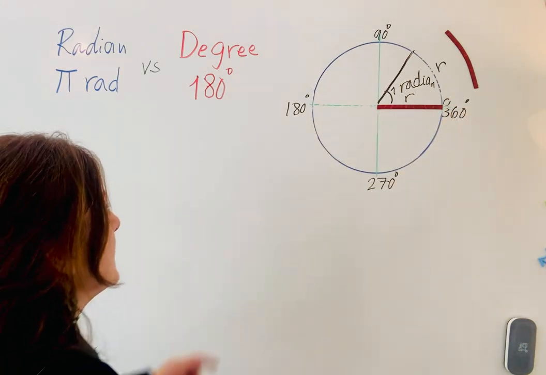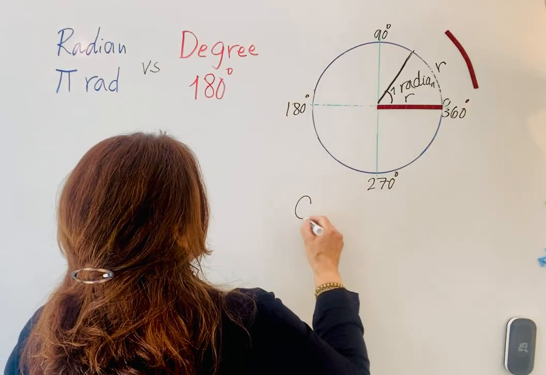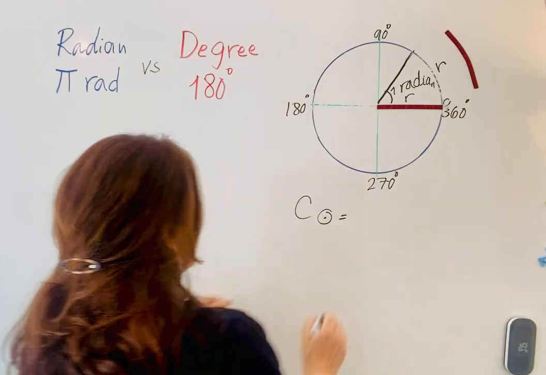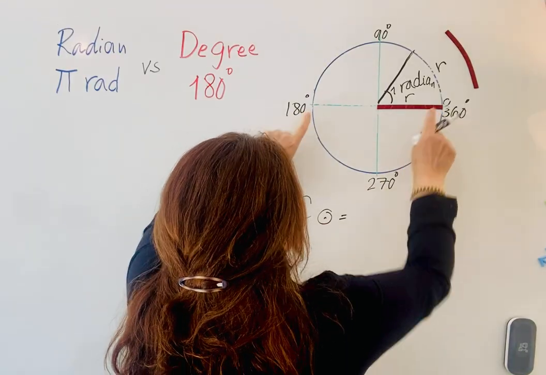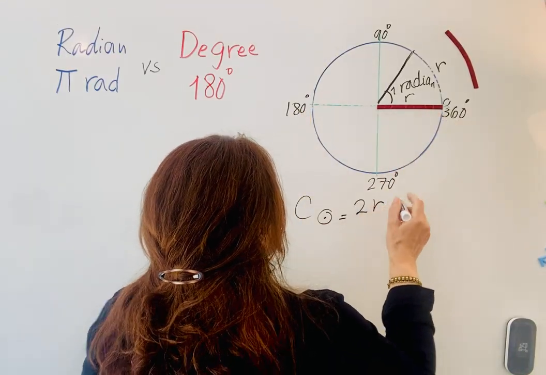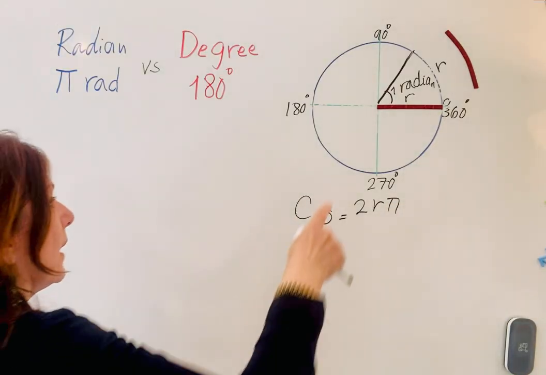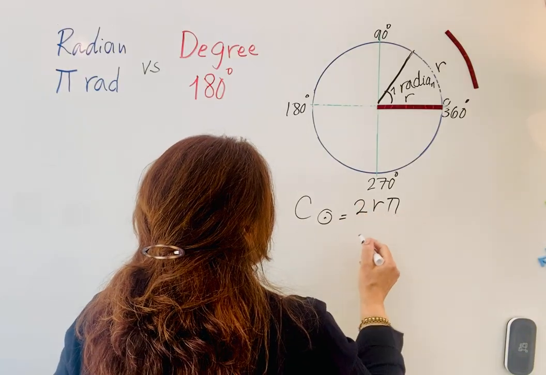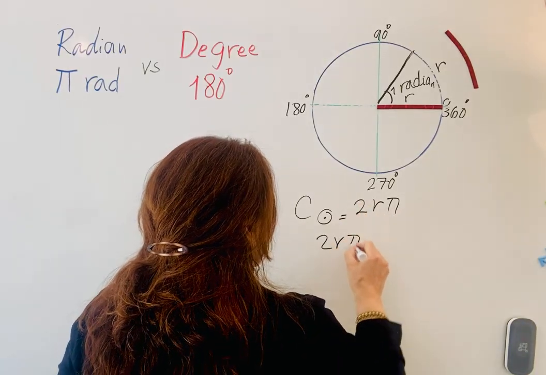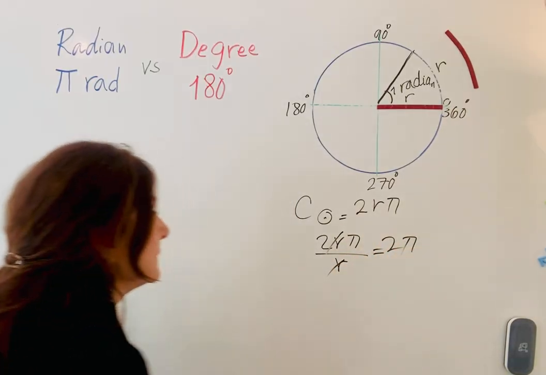Why? Because what is the circumference of any circle? It is 2r times pi, right? How many r go into this? When you divide 2 pi r by r, you get 2 pi.